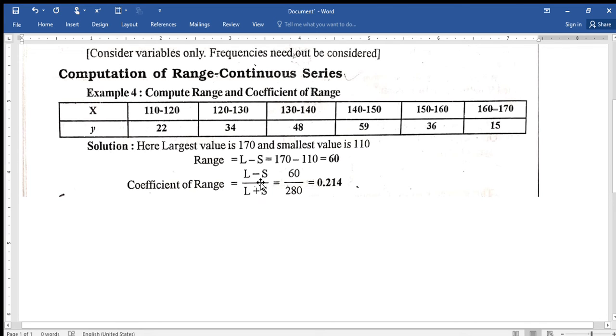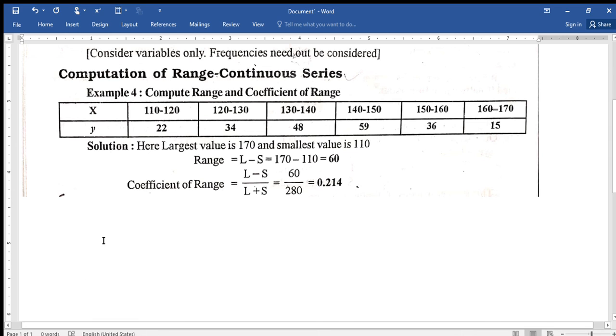If we subtract this, we get 60. Largest plus smallest value, if we sum up these two values, that is 170 plus 110, we get 280. If we simplify this, 60 divided by 280, we get 0.214. This is the coefficient of range.